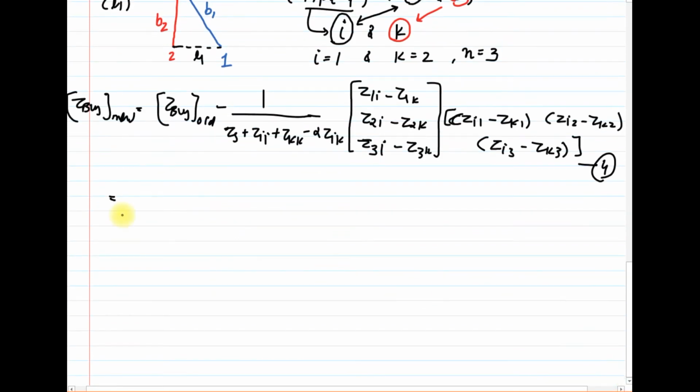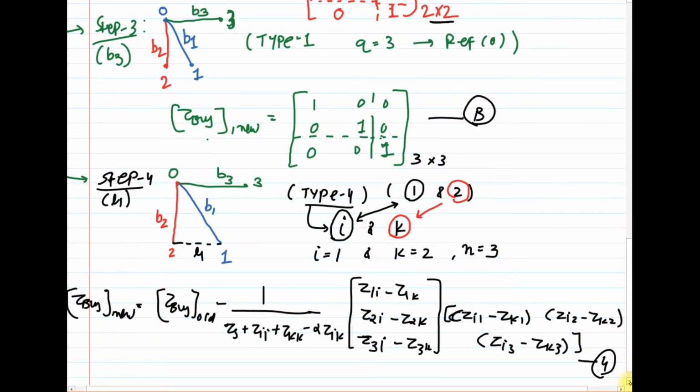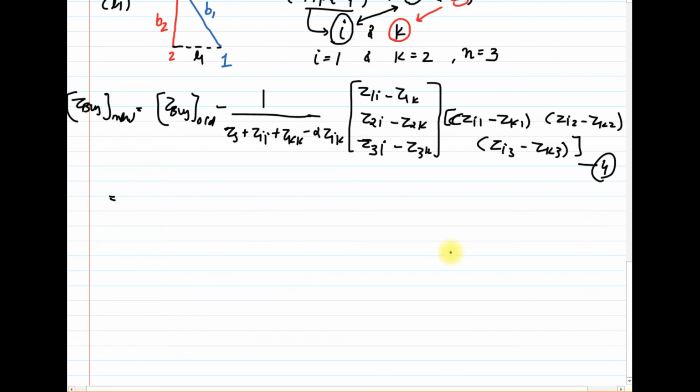So Z bus old is simply the 3 cross 3 identity matrix, which is 1 0 0, 0 1 0, 0 0 1.